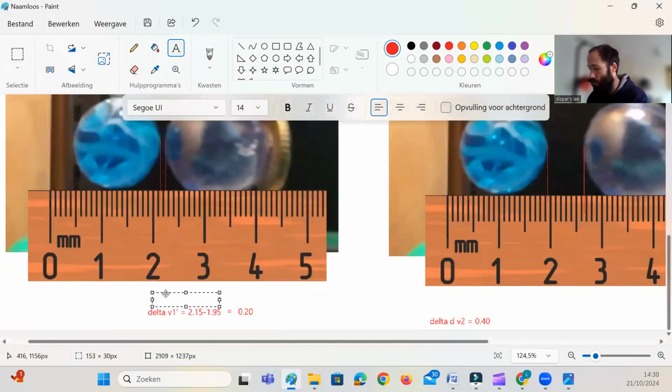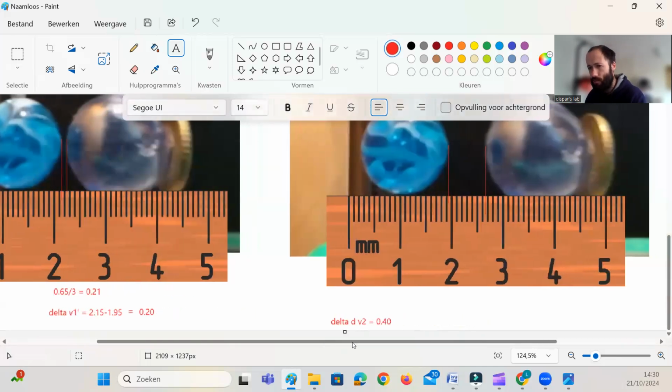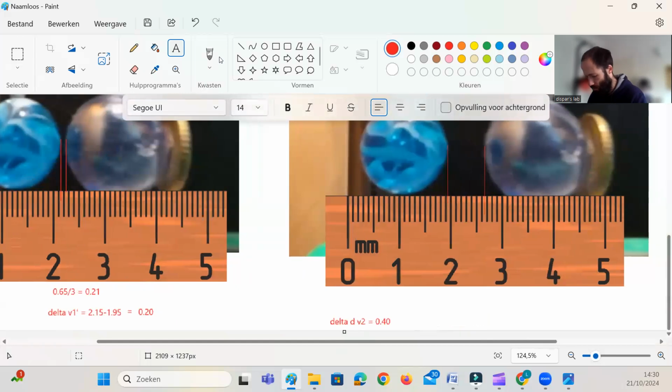So if we do 0.65, this is the incoming velocity, divided by 3, that equals 0.21. And the expectation is 0.21 and the result is 0.20, so very close. And then 2/3.